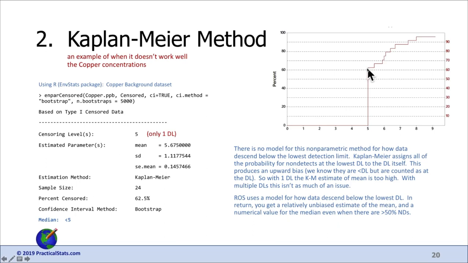We know those values are less than 5, and yet they're 62.5% of the data outlined by the almost the square, the rectangle that I'm outlining here with the cursor. That's much larger than it should be. These should be going down with steps, but we don't know what those steps are. So Kaplan-Meier is going to overestimate the mean in that situation.